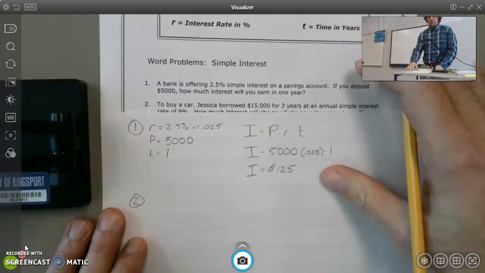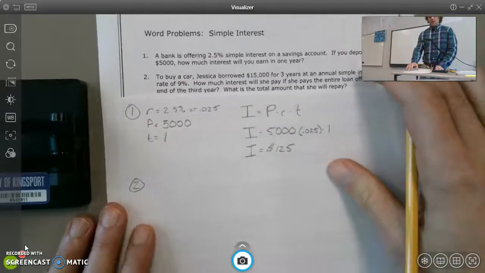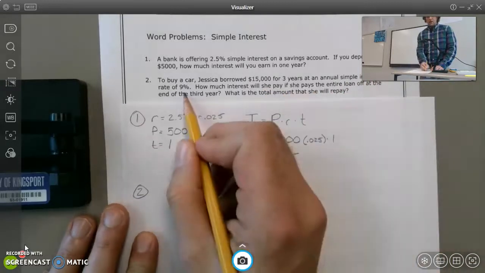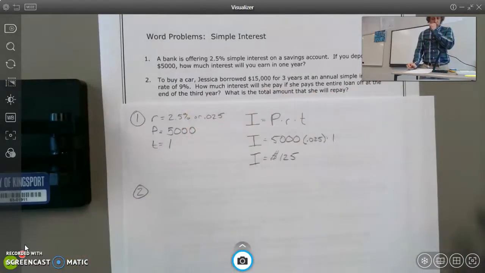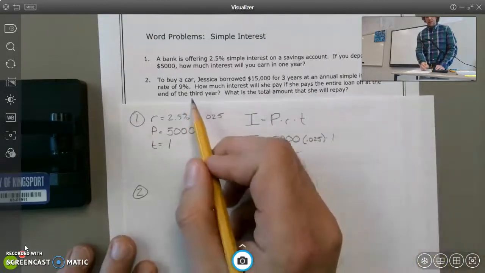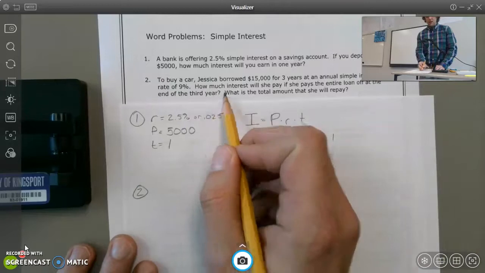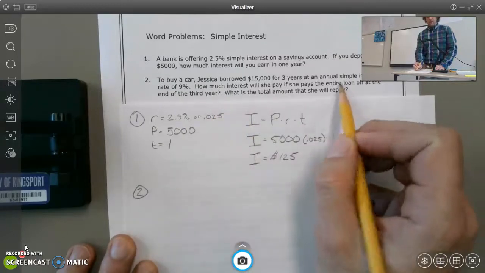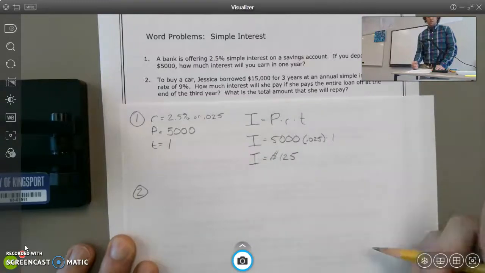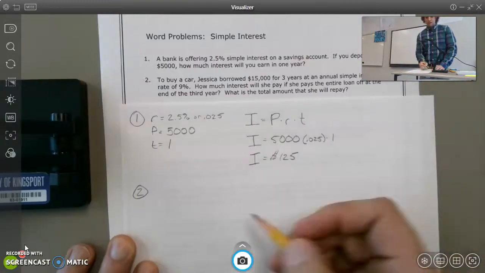All right, let's look at the next one. To buy a car, Jessica borrowed $15,000 for 3 years at an annual simple interest rate of 9%. How much interest will she pay if she pays the entire loan off at the end of the 3rd year? And what is the total amount? So the total amount is going to be the principal that she borrowed plus the interest that she owes. So let's look at this.